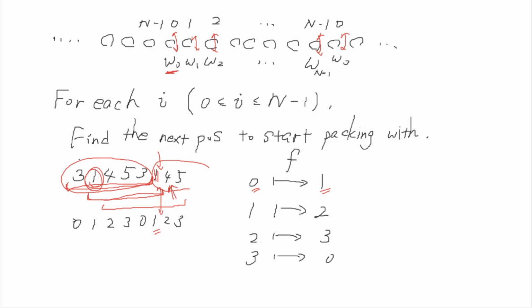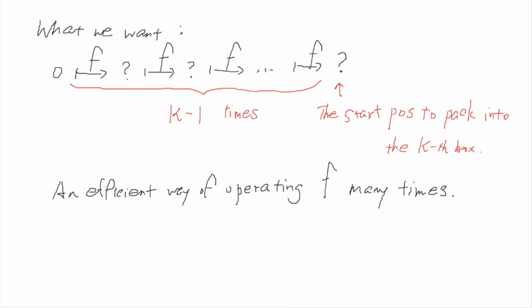So the 1 maps to 2 like this. So you get a map from the current position of the box to the next position of the box. We call it F. This makes the problem easier. So what we want is this diagram.